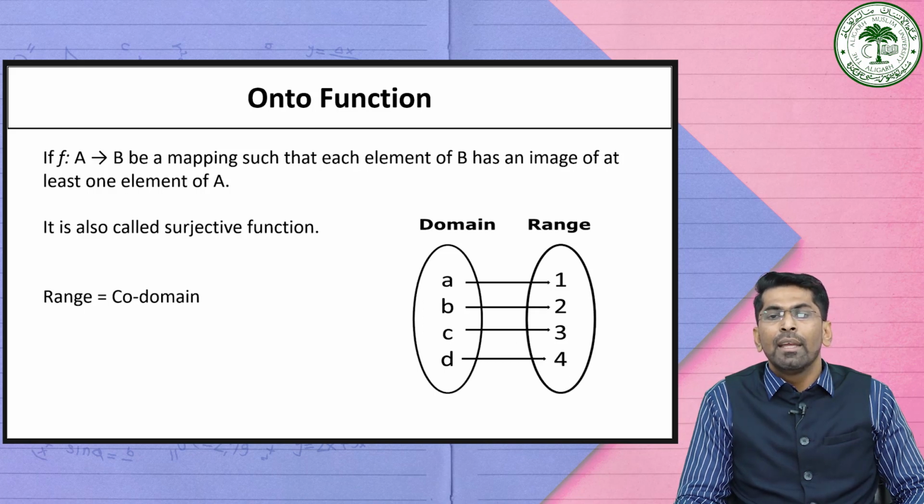So here, every element in the codomain has at least one arrow pointing to it from the domain. So in the case of an onto function, the range is equal to the codomain, and it means that every element in the codomain is covered or reached by the function, and no element in the codomain is left unmapped.